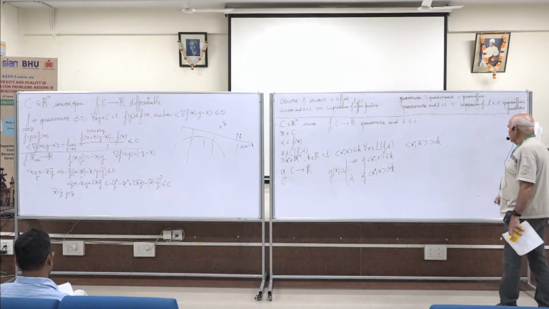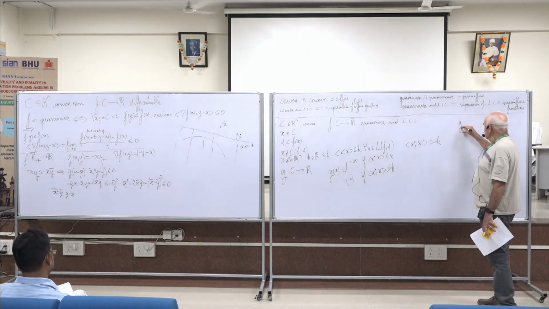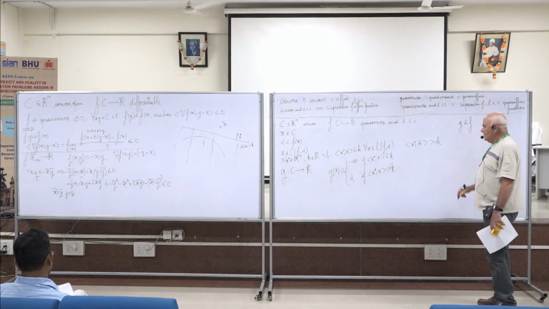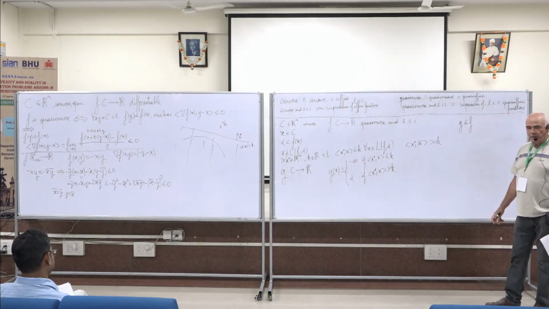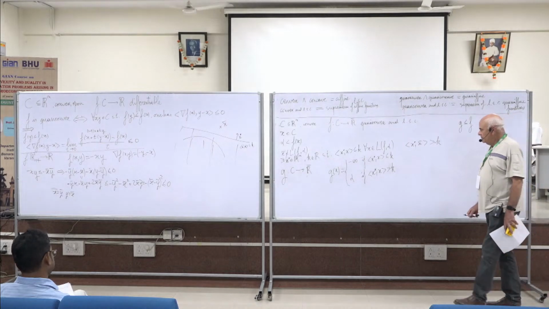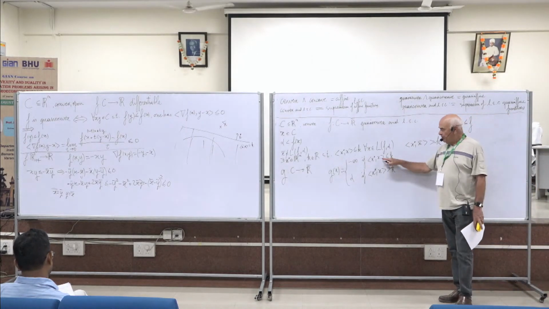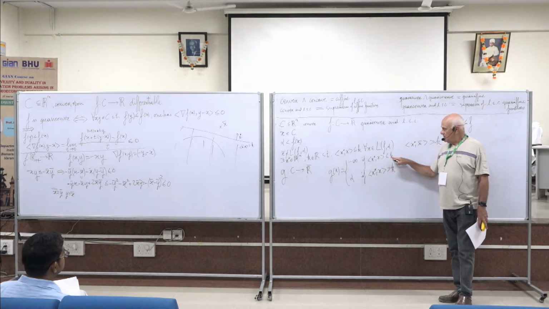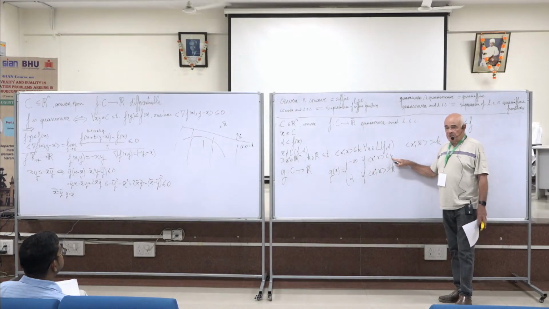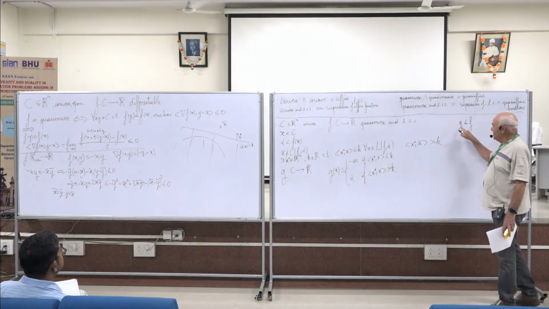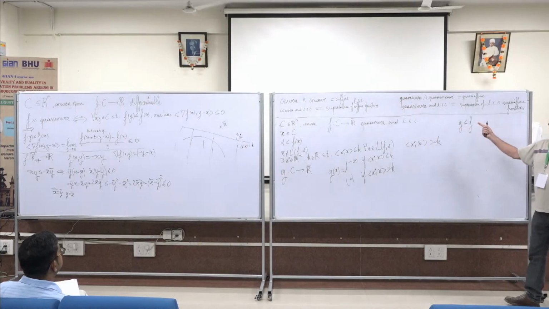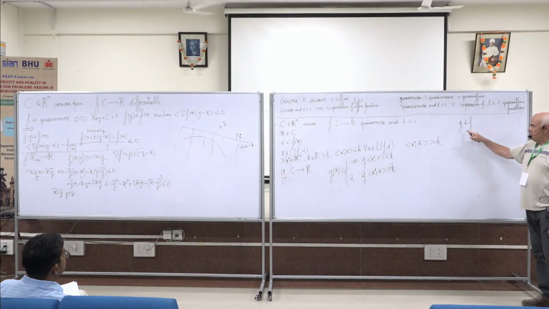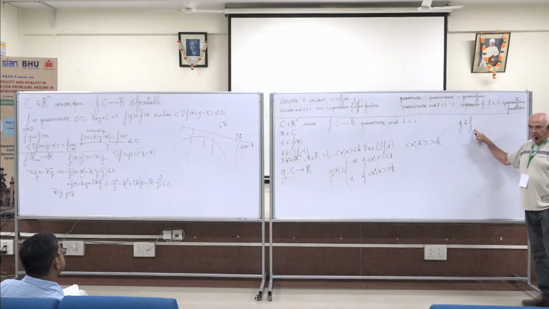This function is less than or equal to f everywhere. Why? If you consider a point in this half space, there is nothing to prove, because at this point g takes the value minus infinity, certainly smaller than the value f takes, or equal.